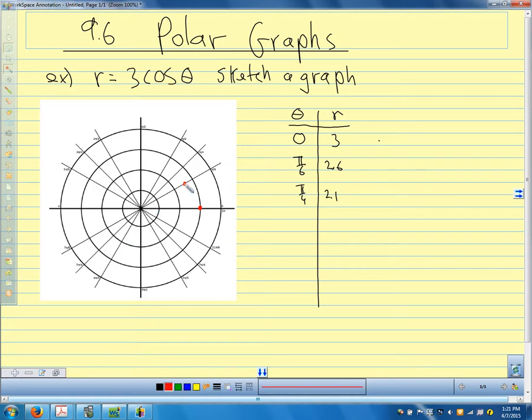I'm just approximating where they go. Then pi over 3, I get about 1.5. And when theta equals pi over 2, I end up at 0.